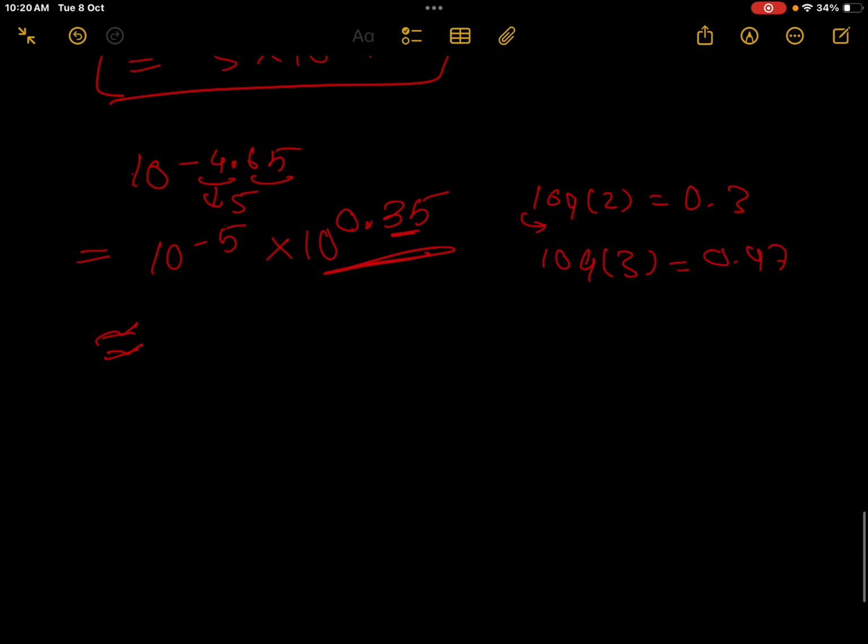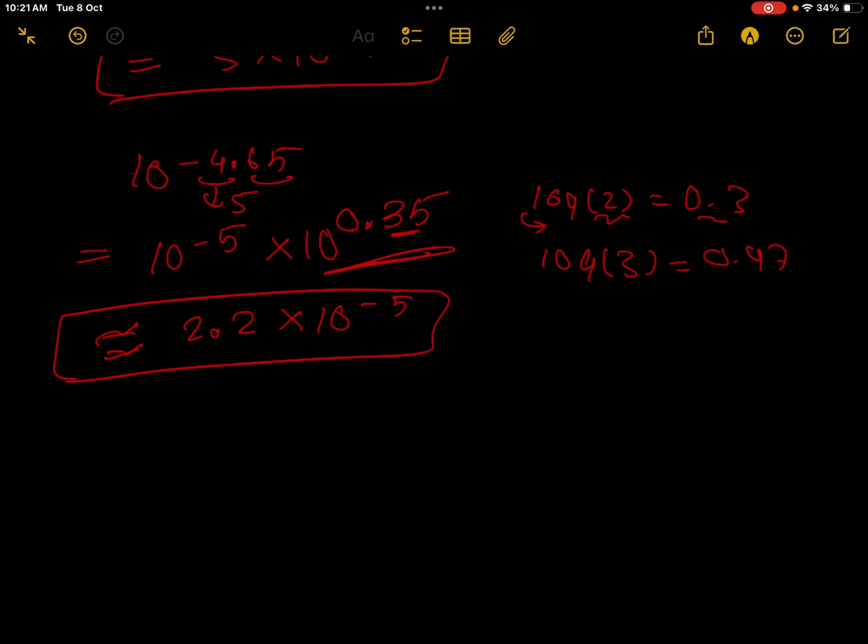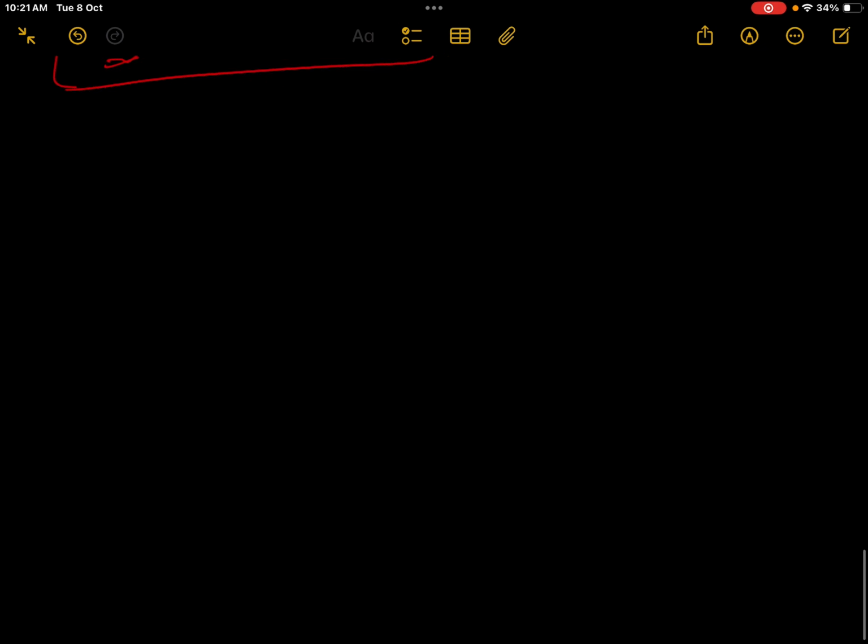So log 2 is 0.3 and we require 0.35, so log 2.1, log 2.2 maybe correspond to this value. So let us consider it as 2.2 into 10 power minus 5. So this is the answer that we got. Hope you understood well.